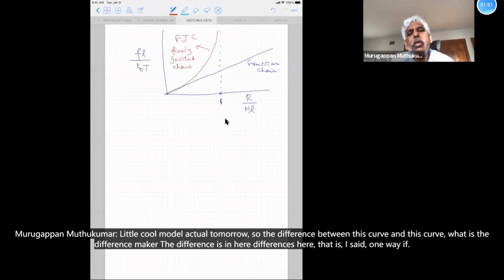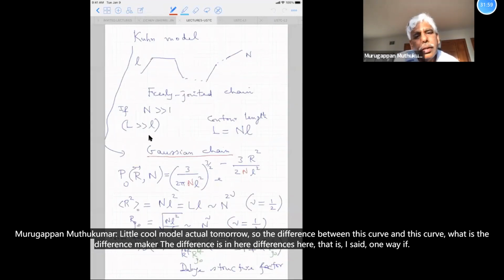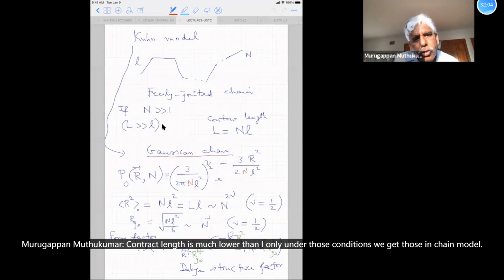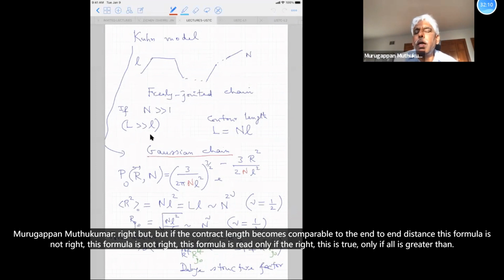So what is the difference between this curve and this curve? The difference is here. I said only if the contour length is much larger than L, only under those conditions do we get the Gaussian chain model. But if the contour length becomes comparable to the end-to-end distance, this formula is not right.